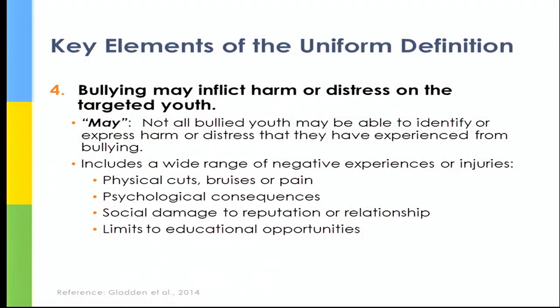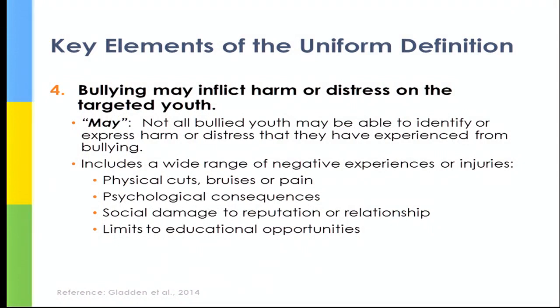The uniform definition also acknowledged that bullying often, of course, inflicts, as we've heard, harm or distress on the targeted youth. But I think it's perhaps important to note that this isn't a requirement for a behavior to qualify as bullying. Not all bullied youth may be able to immediately identify or express what harm or distress they may have experienced from bullying.